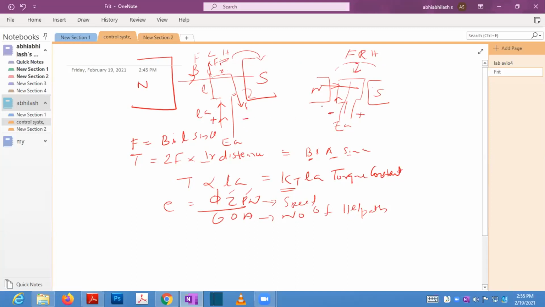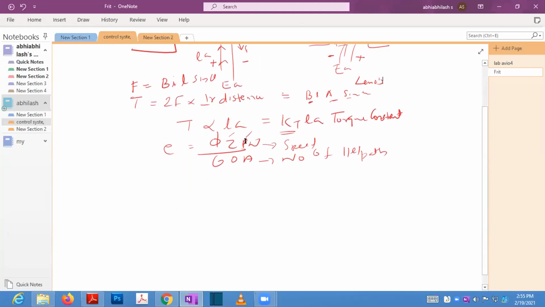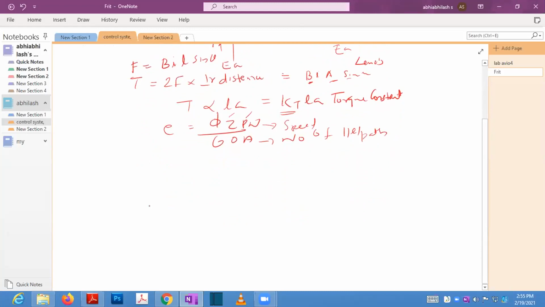It will oppose the cause according to Lenz's law. So the EMF generated opposes the applied voltage Ea. It is called back EMF because it is opposing the applied voltage.